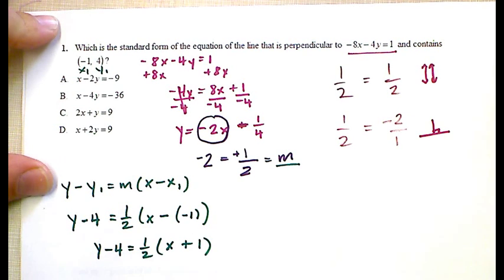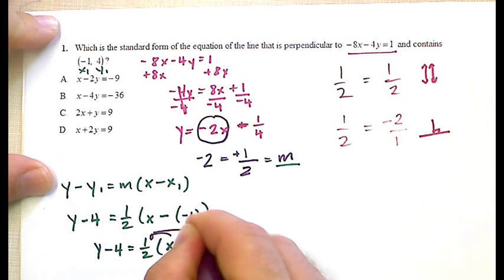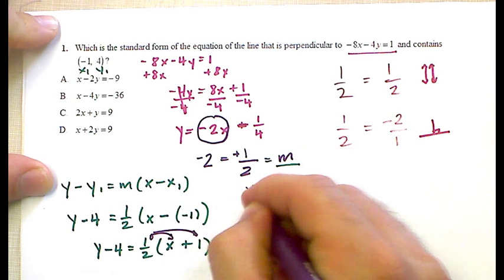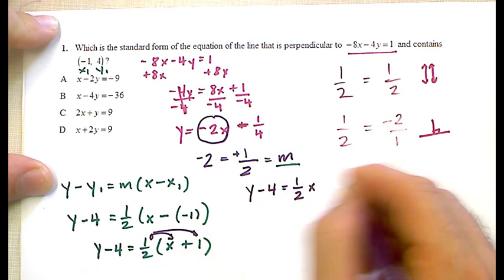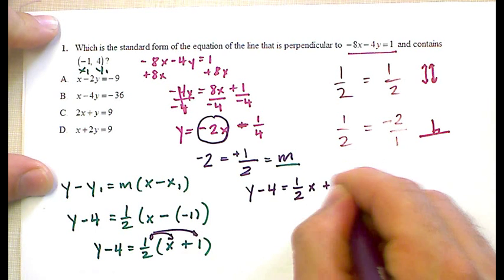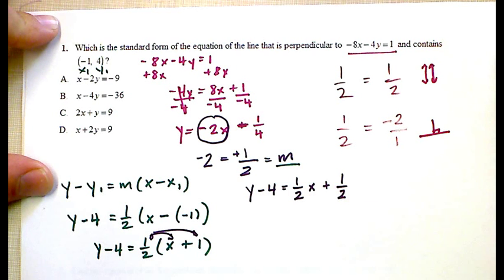Now, just to solve, first we want to distribute. So I get y minus 4 is equal to 1/2 x plus 1/2. I'm going to add 4 to both sides.